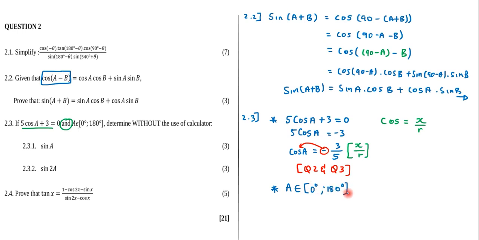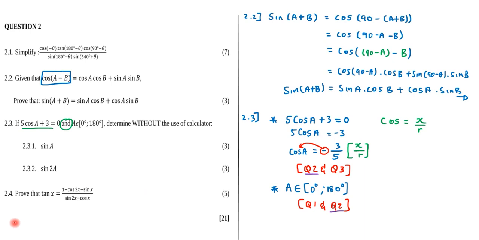Now which quadrants are between 0 and 180? Now as you all know, those quadrants are going to be quadrant 1 and quadrant 2. Now here we see that there's going to be what? An overlap. Now as you can see here, we have an overlap, quadrant 2 and quadrant 2. So let me just fix that and write it as 2.